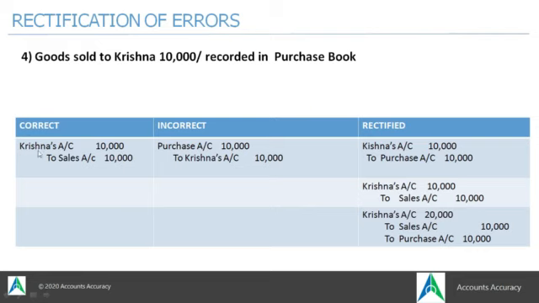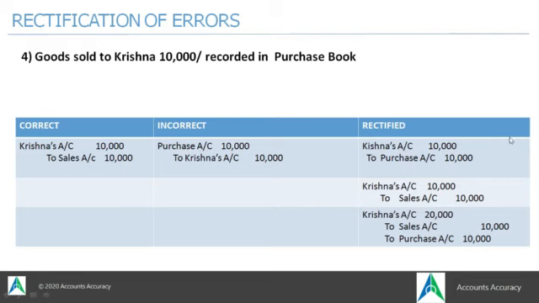Now you have cancelled the wrong one, and now you need to pass the correct entry, that is Krishna account to sales account. This entry was not passed at all, so that entry needs to be passed, Krishna account to sales account. As you can see here, both these journals have Krishna debited with 10,000.